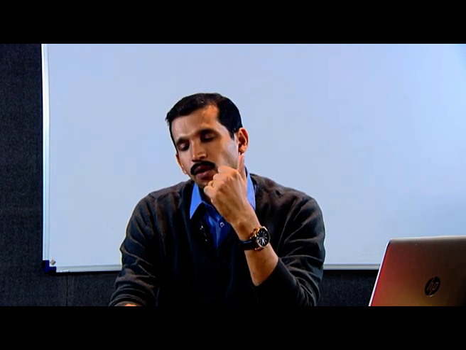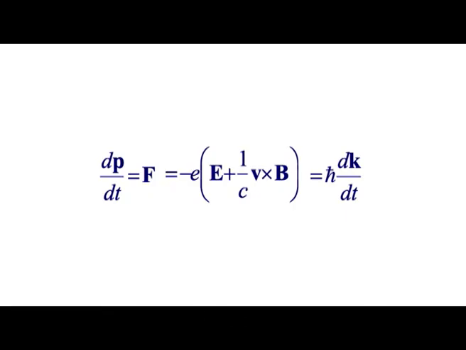Now, we observe the electron from the force equation F = m dv/dt. So, v = ħk/m. F is equal to ħ dk/dt, which is equal to -e(E + (1/c) v × B).